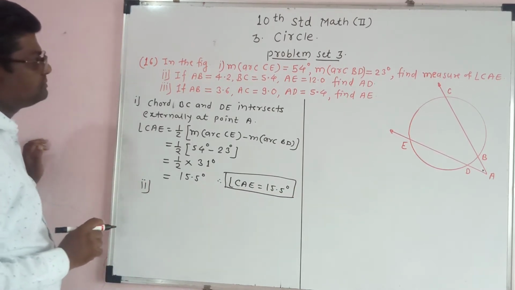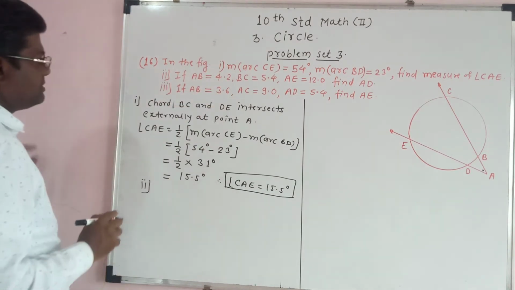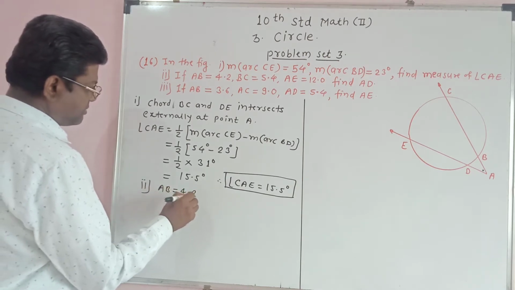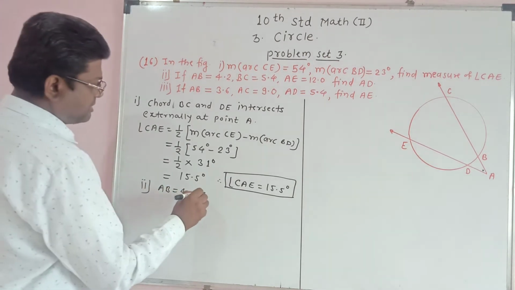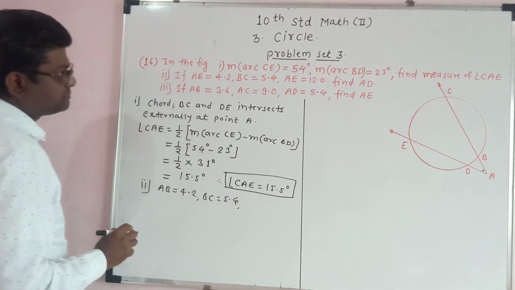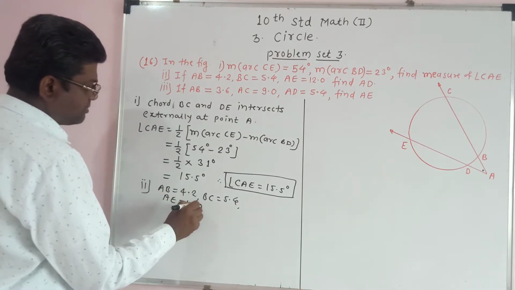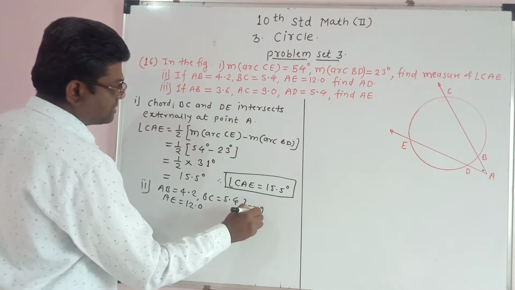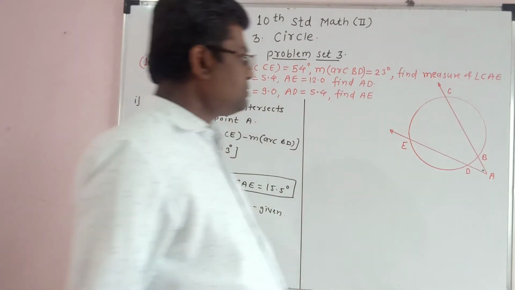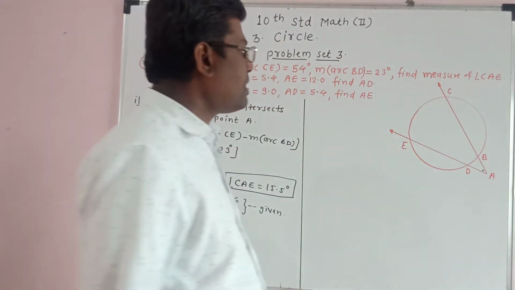Now number 2. AB is equal to 4.2, BC is equal to 5.4, AE is equal to 12.0. This is given. Now let's see this theorem of external division of chords.